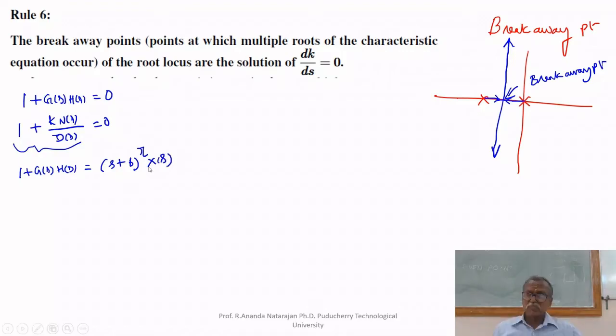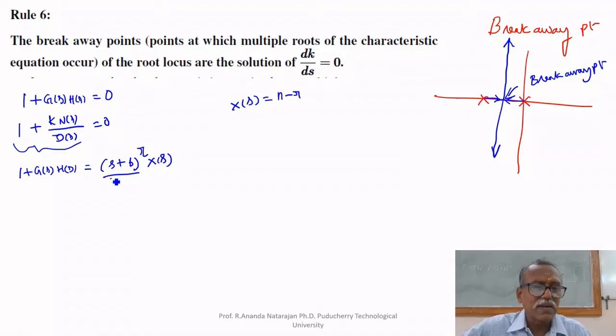What is the meaning of this? It has repeated poles, r repeated poles. The remaining polynomial is X(s). Suppose it is of nth order degree, then the degree of X(s) is n minus r, because r we have taken separately.